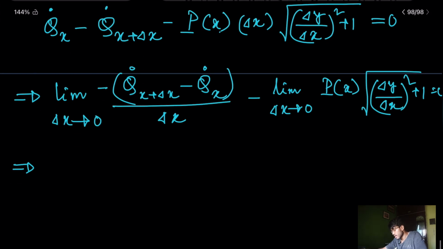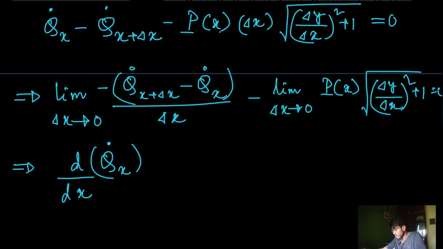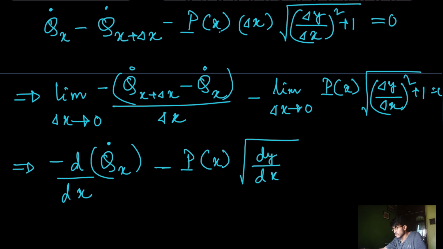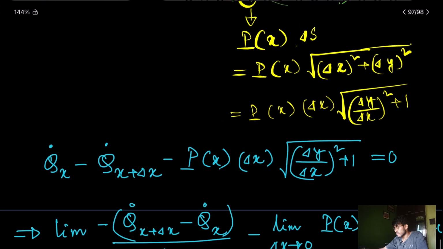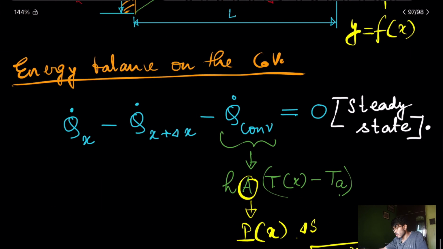Now in the limit delta x tends to 0, this becomes d dx of q dot x, minus p x into dy dx whole square plus 1. Clear? I think I am not doing anything wrong.